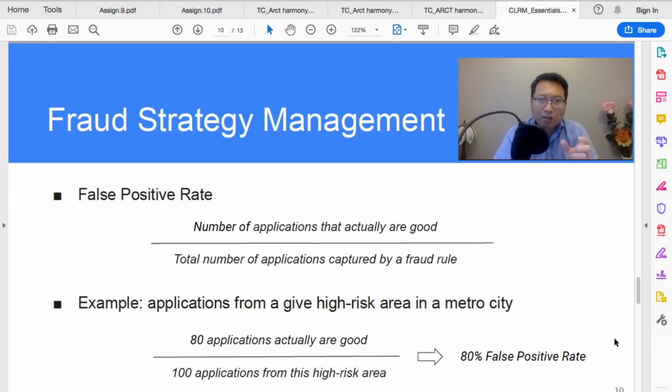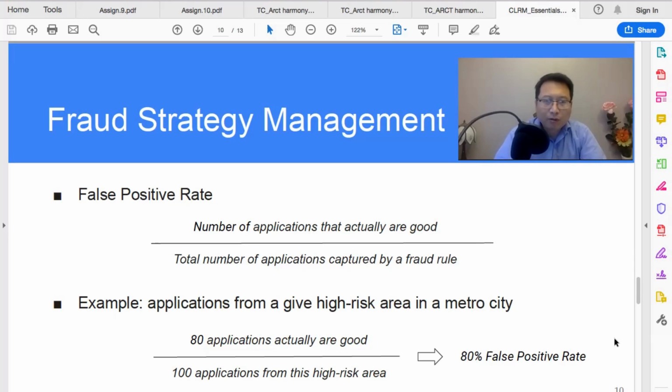The false positive rate is calculated as the number of applications that are actually good divided by the total number of applications captured by this particular fraud rule. For example, we have a rule to identify a high risk area in the metro city.